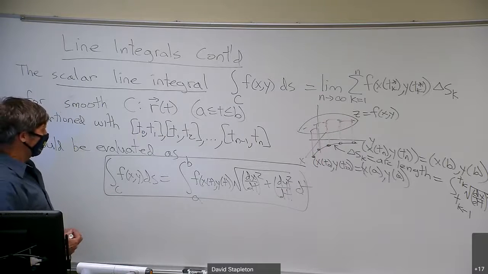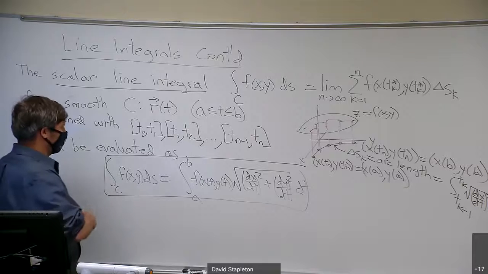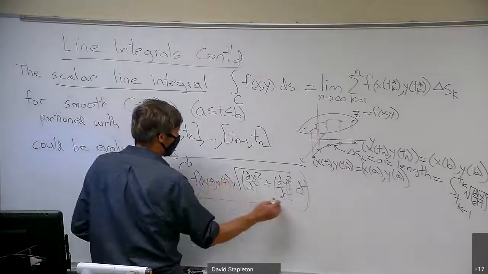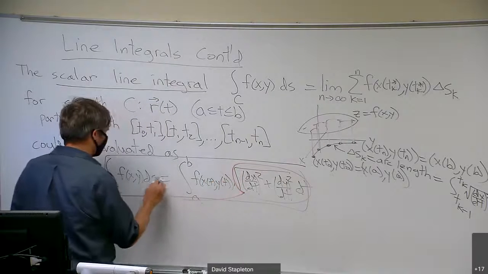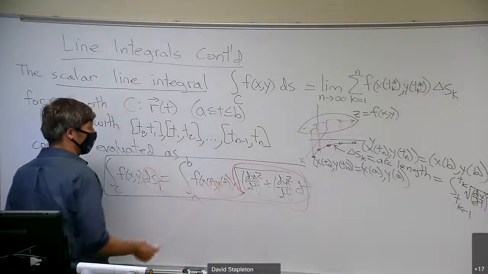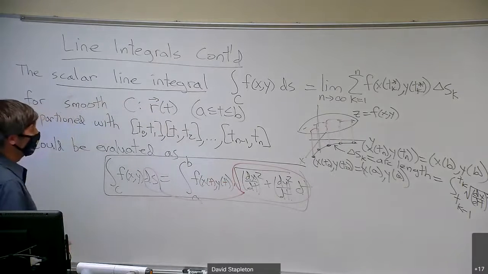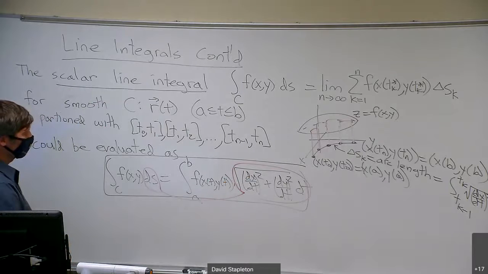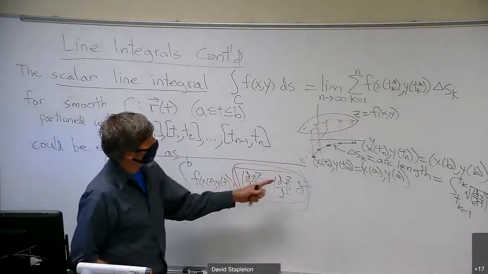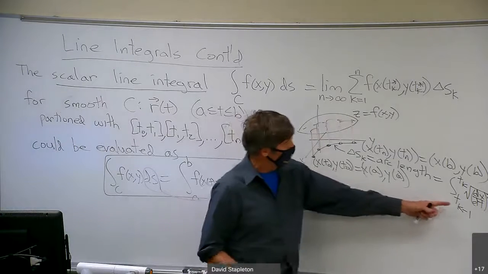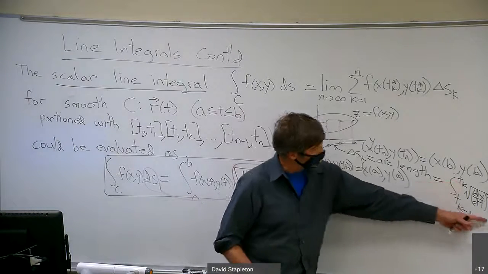All right. And so they like to think of the infinitesimal arc length ds as being the square root of (dx/dt) squared plus (dy/dt) squared dt. For all this is, in fact, ds/dt, right? Because you take the derivative of this integral with respect to t, it's the integrand.